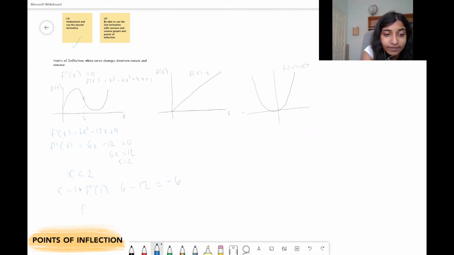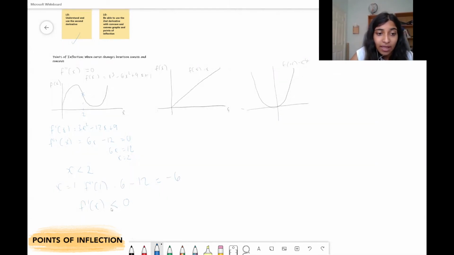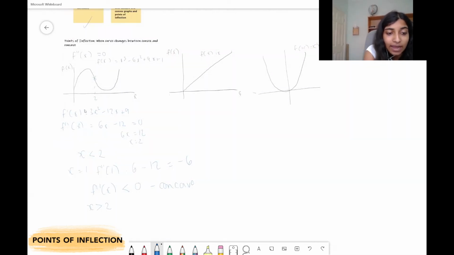So our second derivative will be less than 0, which means at this point our graph will be concave. Then for values of x greater than 2, let's say x is equal to 3, our second derivative would be equal to 6 times 3, 18 minus 12, so that's 6. So our second derivative is greater than 0.